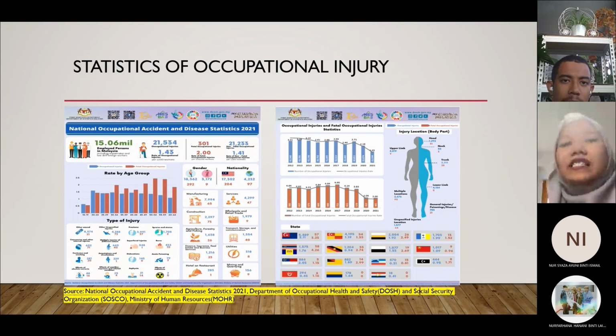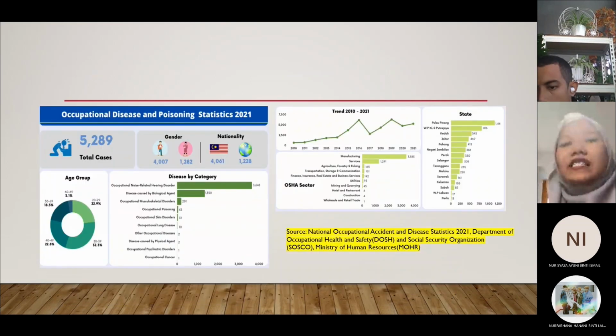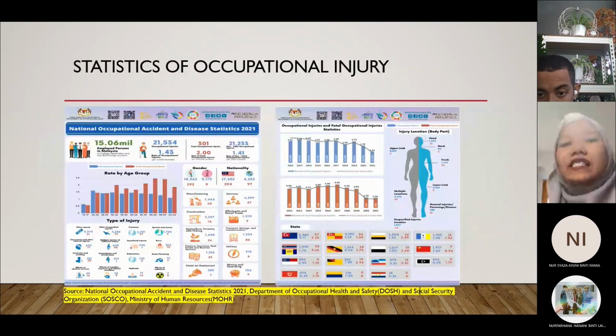Having a safe workstation environment is important because the manufacturing sector has the highest number of injury cases, as workers work with heavy-duty machines. Next, the service industry with 4.2k cases, and construction is around 2.2k cases.